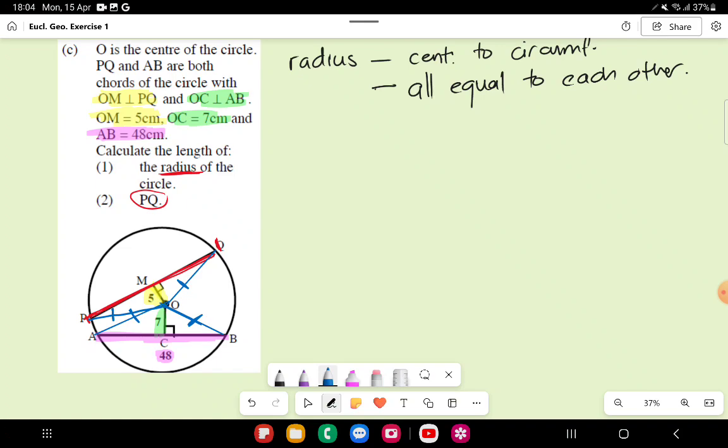We're just thinking logically. So if I input the radii, then I can create right angle triangles. So I want the red line PQ, but in order to get there, I am going to use the pink line and the green line, and then move from there to the red triangle.